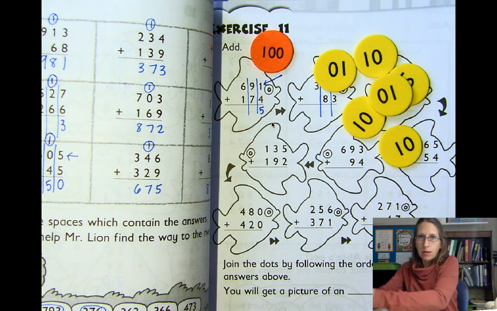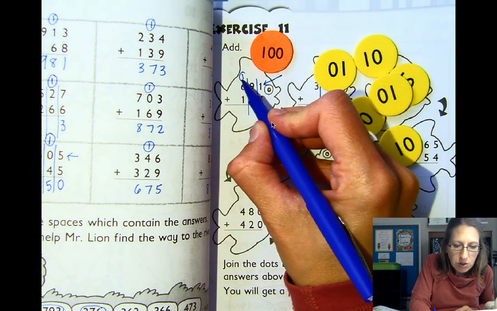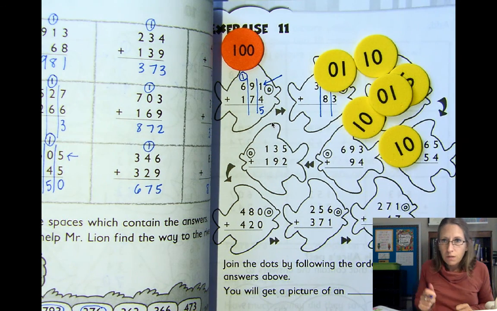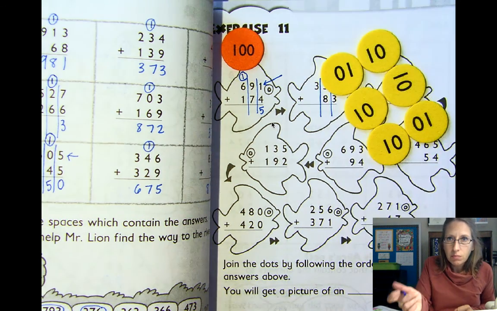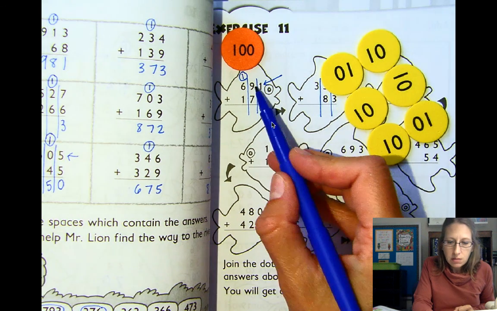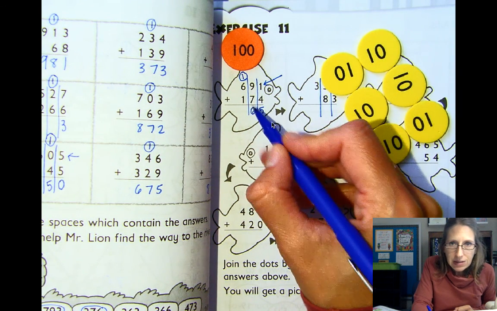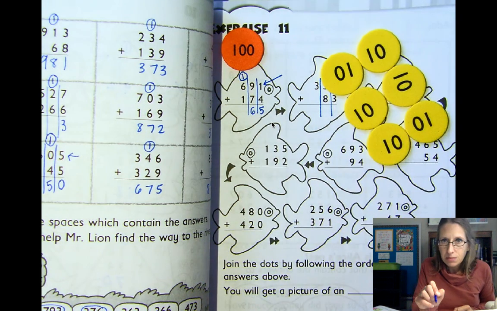And how we show that, again, is we put our 100 over here and we circle it. Please circle your 100 so we can see where it is. And then we've still got 6 left over, which makes sense because 9 plus 7 is 16. And 16 tens is the same as 100 and 6 tens.